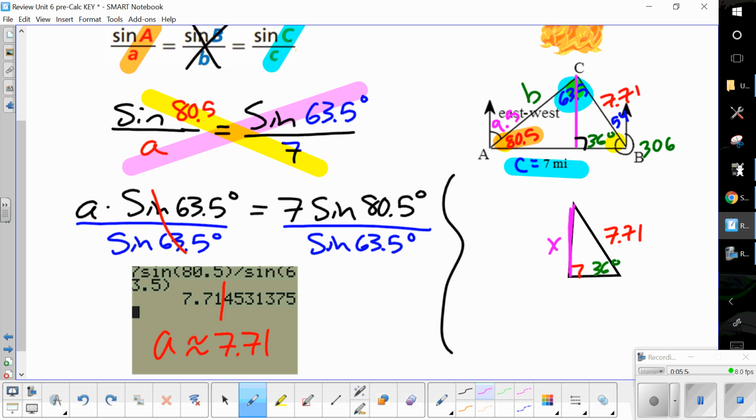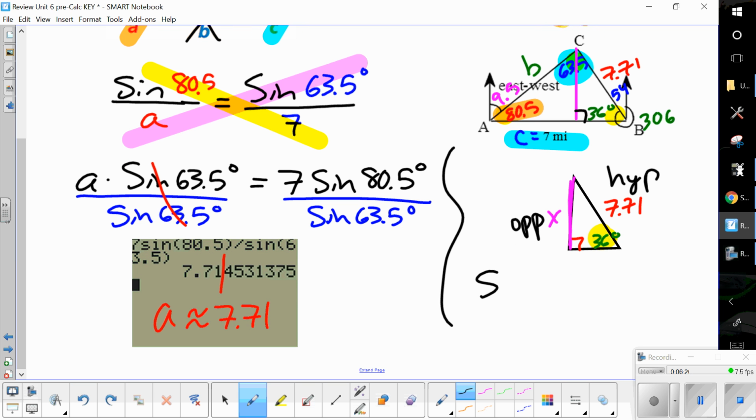Since it is a right triangle, I can use SOHCAHTOA. From my reference angle, I would call this X opposite, and the side across from the 90-degree angle is always the hypotenuse. The only trig ratio that deals with opposite and hypotenuse is sine.